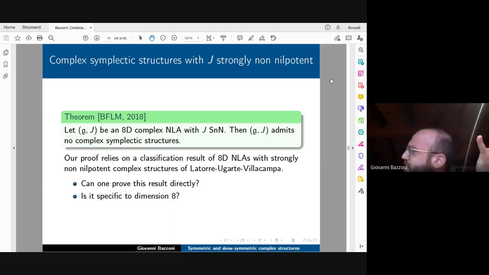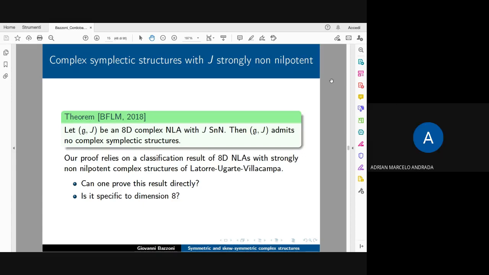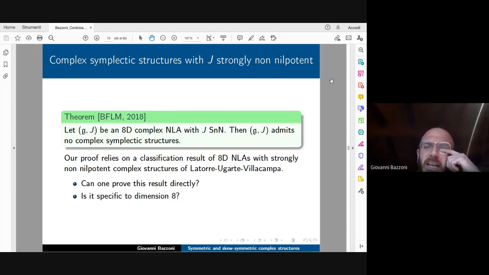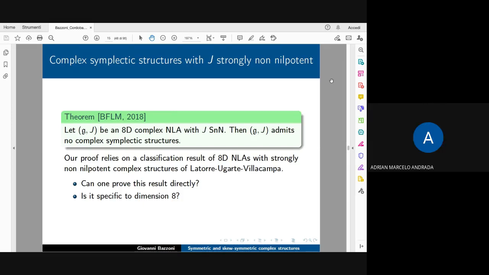I mean, it would make sense, but let me think. If you have J of x, J of y. Okay. Yes. I don't know. Maybe they're probably nilpotent, but I don't know. Yeah, it would make sense, but you got me. I don't know. Okay, sorry. Okay, thank you. You're welcome.